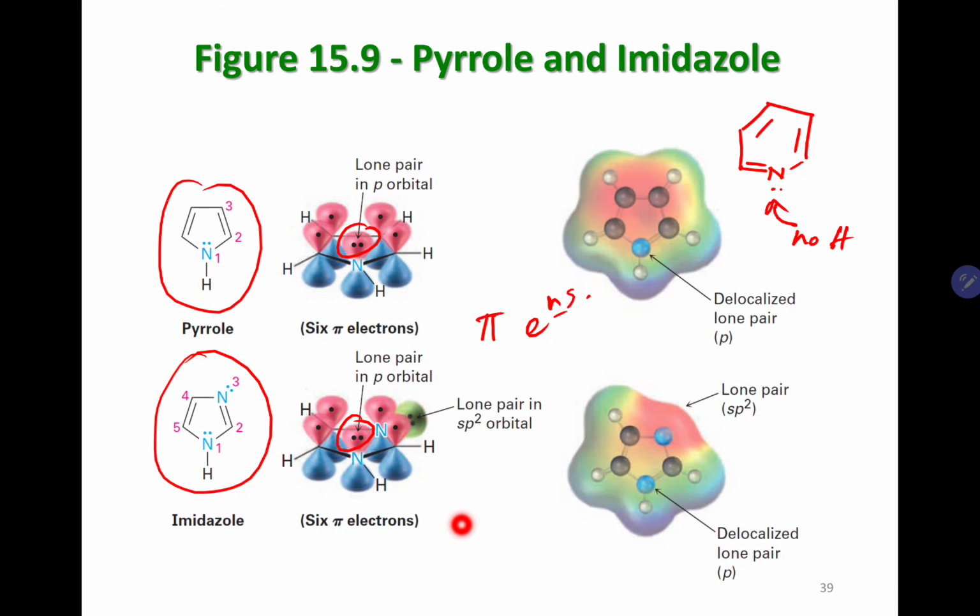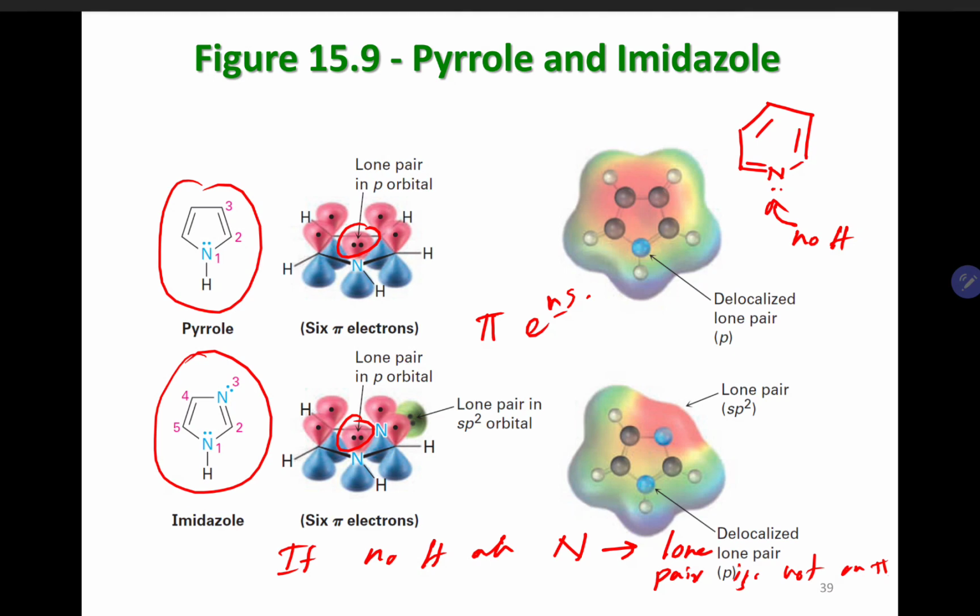So in short, you can remember it like this: if no hydrogen on nitrogen, then the lone pair is not on pi electrons, okay, you can think of it like that.